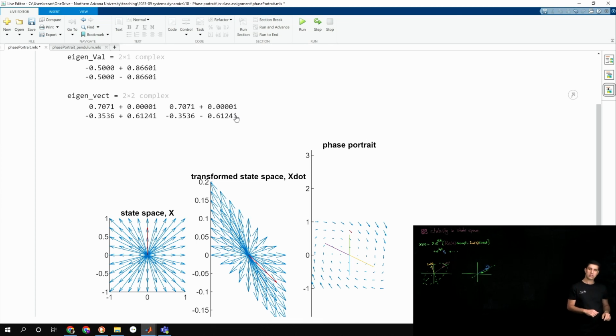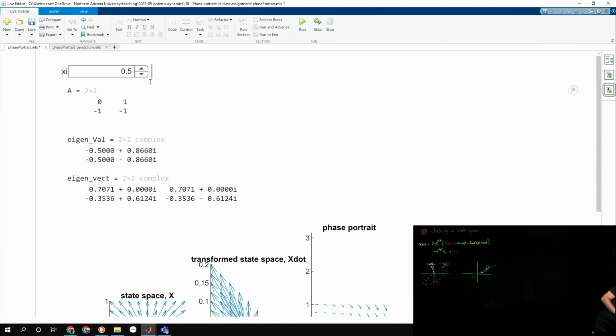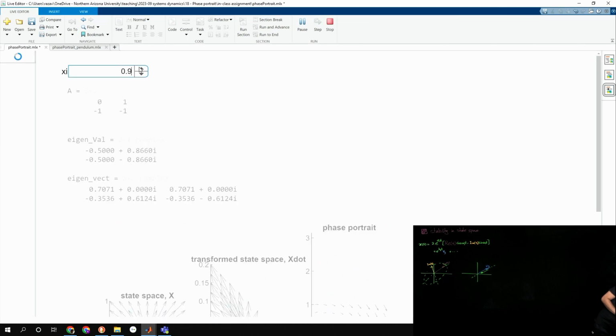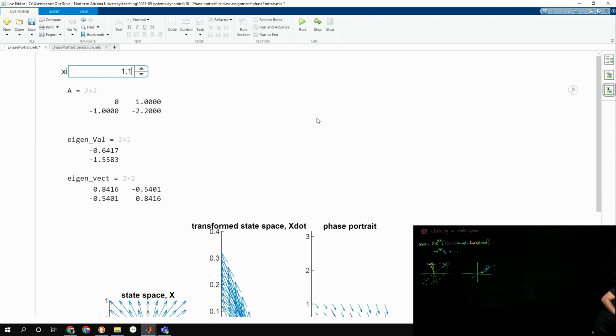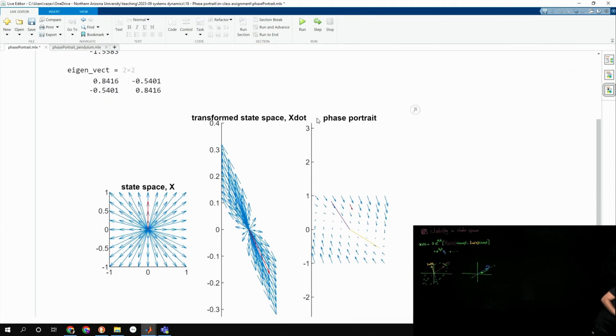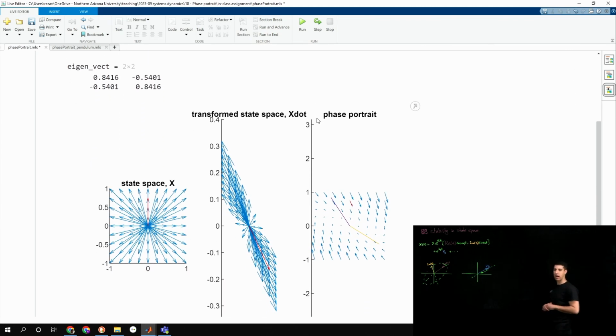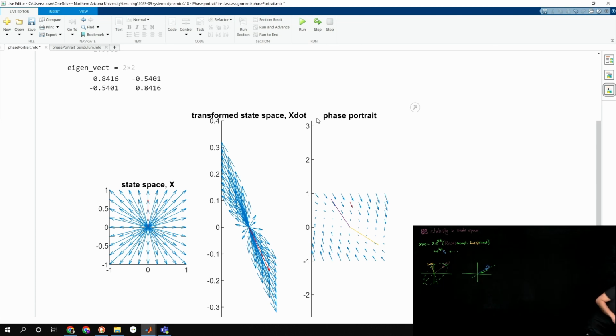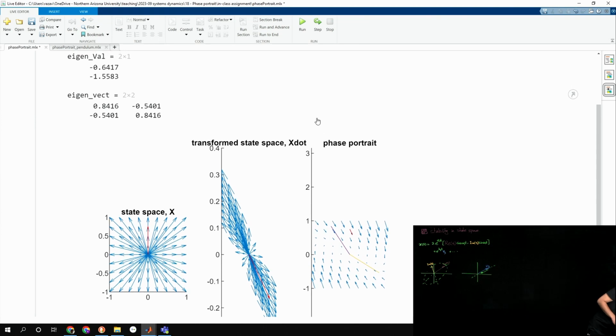I wasn't going to show you, but let me show you this. Let me increase this to 0.1. And this is what happens when we have these real eigenvalues. If I have both of my eigenvalues real, I don't see these kinds of rotations anymore.